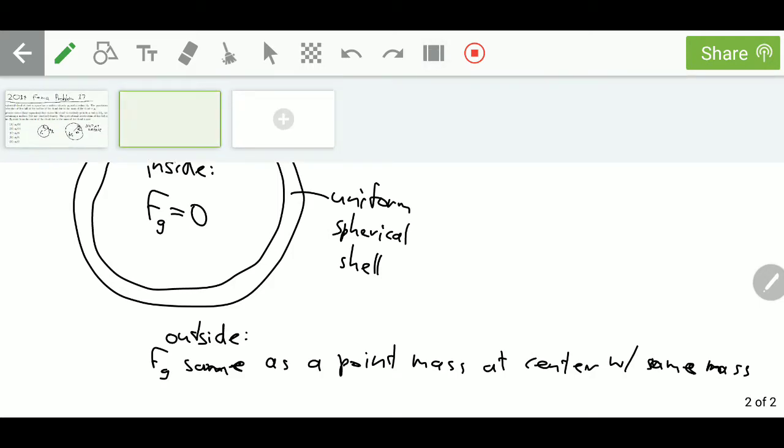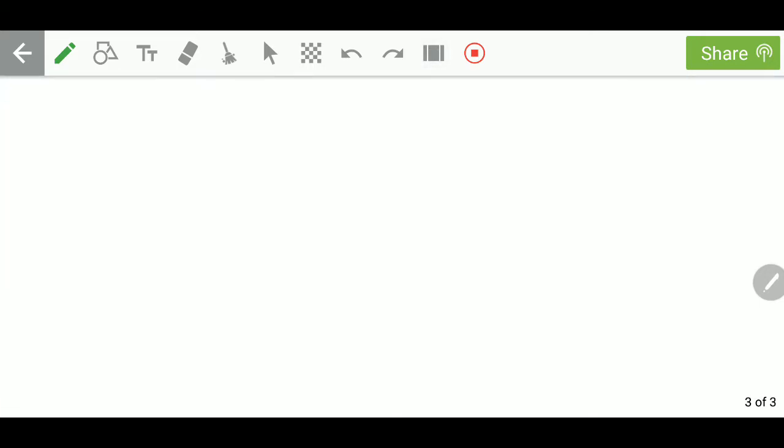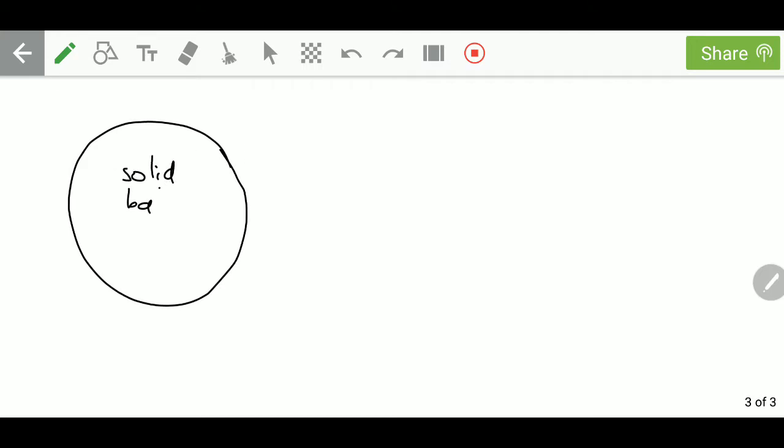So now, using this fact about a spherical shell, we can derive what will happen with a solid sphere, or a solid ball of mass. Suppose that we're outside. Well, remember that a solid ball is just a whole bunch of spherical shells.